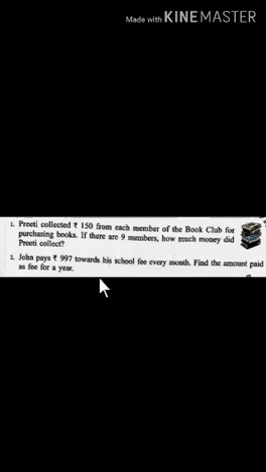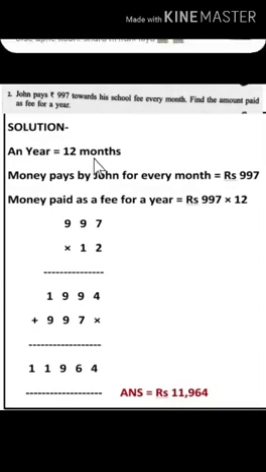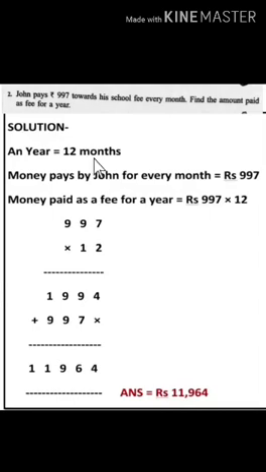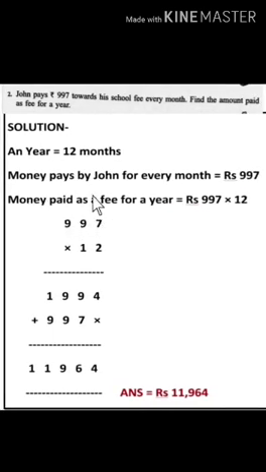It means for 12 months. The value of 1 is given and you have to find the value of 12 months. So what will you do here? Multiply. So check this question. How will you make the statement? A year equals 12 months. Money paid by John every month, rupees 997. Money paid as fee for a year, rupees 997 multiplied by 12.